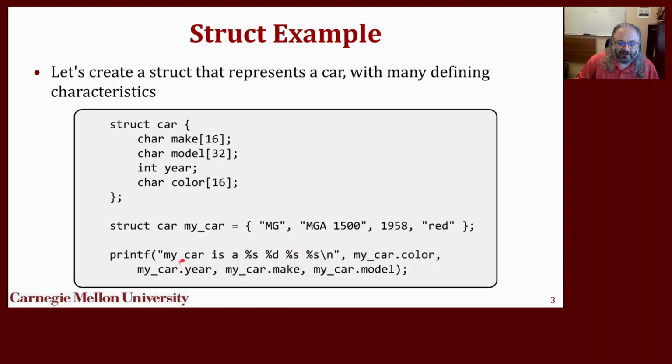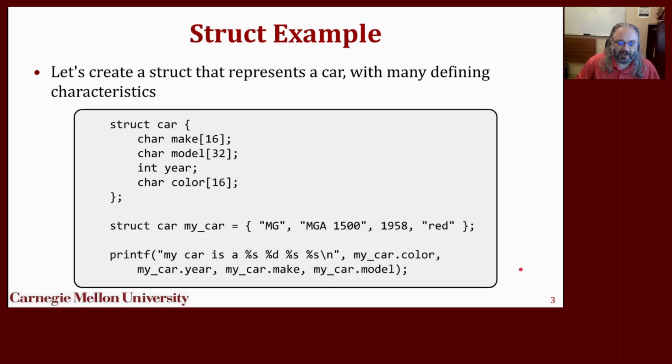It's going to print these in the order of mycar.color, which is accessing the member variable called color within the struct called mycar, the year, the make, and the model. When I run this, it should say my car is a red 1958 MG MGA 1500. That's not true. That's a beautiful car. I don't own one. But this will work.